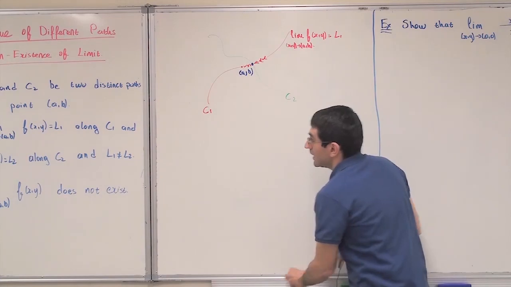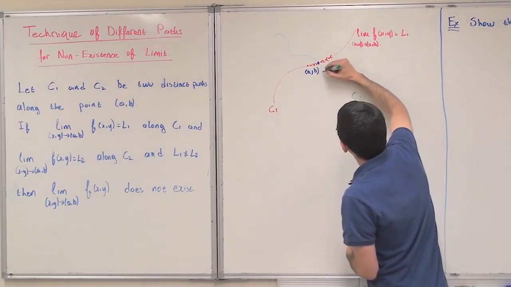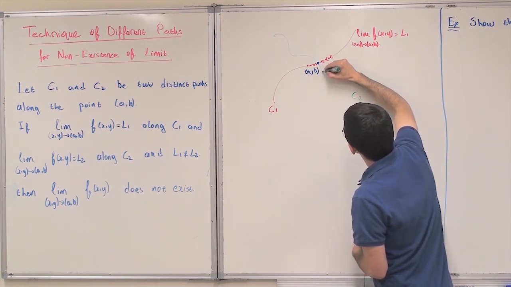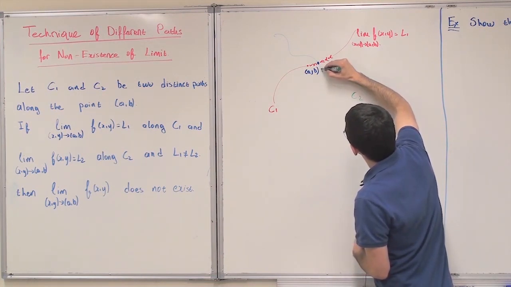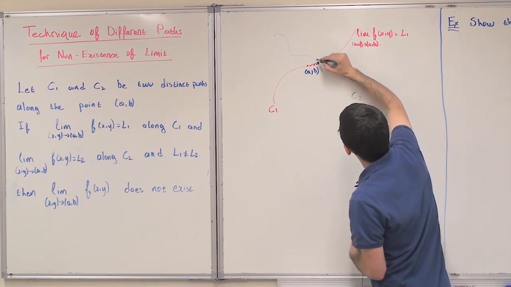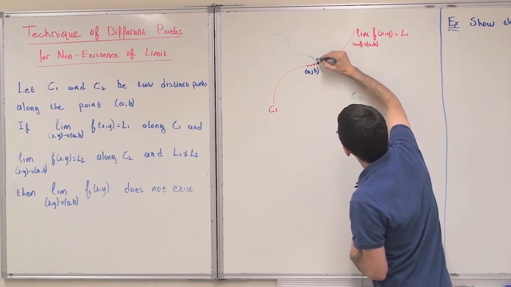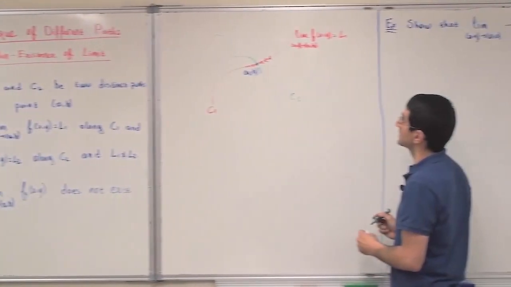Now, the limit along C2 means that I should approach the point (a, b) following the path, in other words, using the points on the curve C2. So I can approach from both sides as you see.